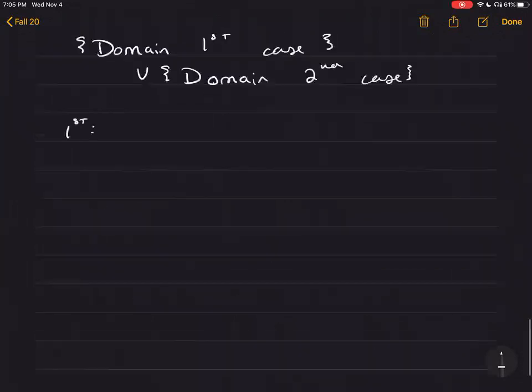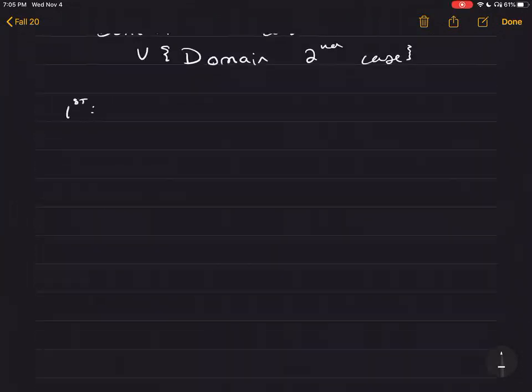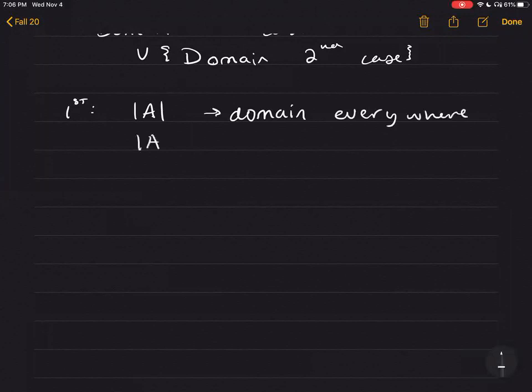We know that the absolute value of A is defined everywhere, and just doing that -2, the domain is still everywhere.